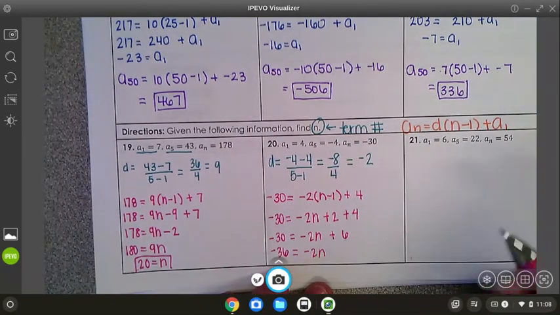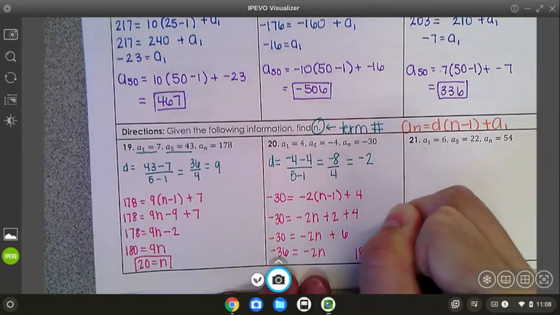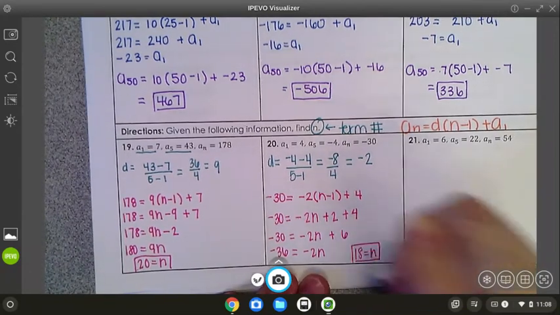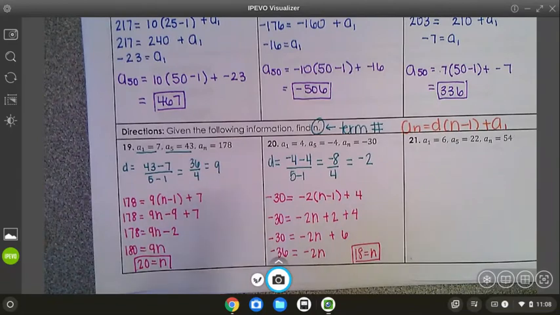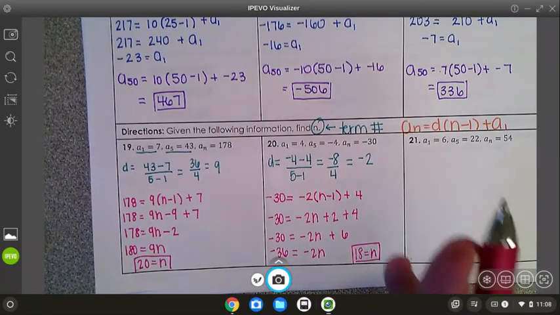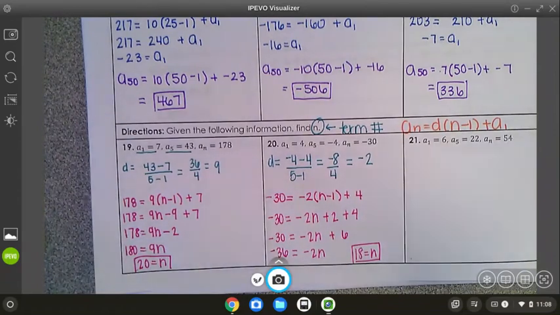And then if we divide by -2, we get 18. Since we're talking about the number of terms, your n should never be negative. We don't go backwards in a sequence. We only go forward, so we're only going to have positive numbers. So if you get a negative number here, you've messed up somewhere.